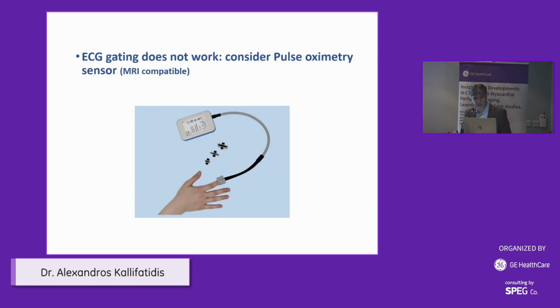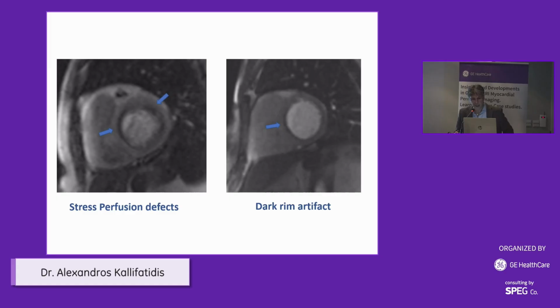Sometimes ECG does not work fine, and we can use a pulse oximetry sensor that is MR compatible, of course, in order to get nice images, and also for stress perfusion we can proceed with this examination with good image quality.